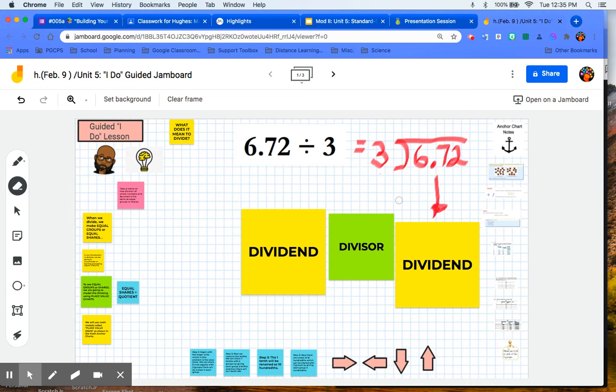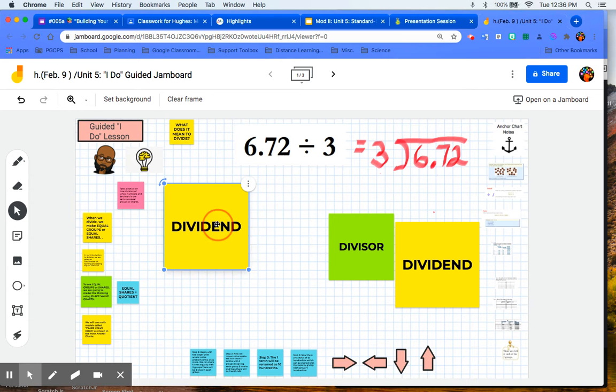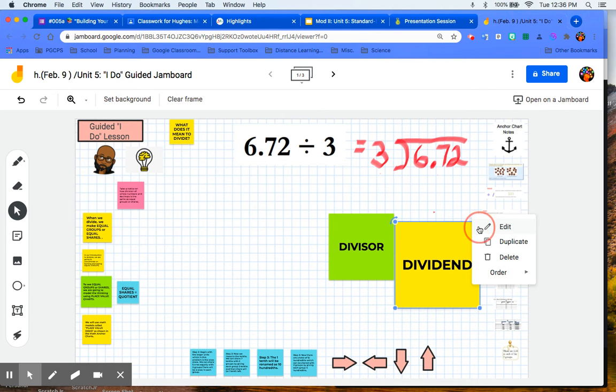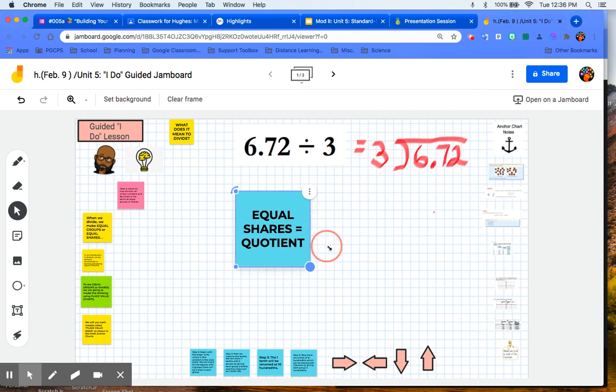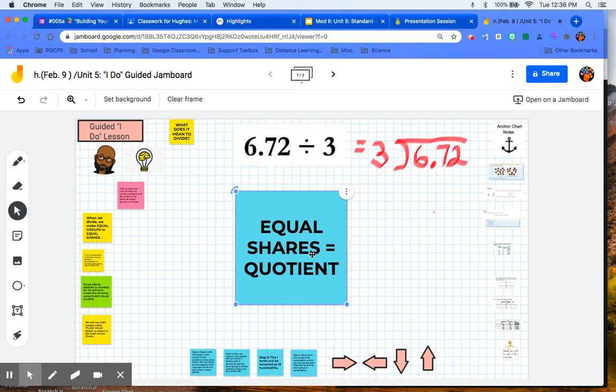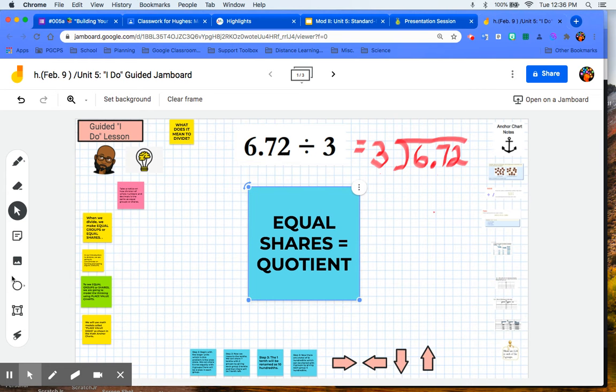Now you take the divisor and you try to find how many equal groups are in the dividend. Now, once you find those equal groups, you find what's called, and I don't know if you all looked at the morning announcements this morning, but Principal Barber used the word quotient.